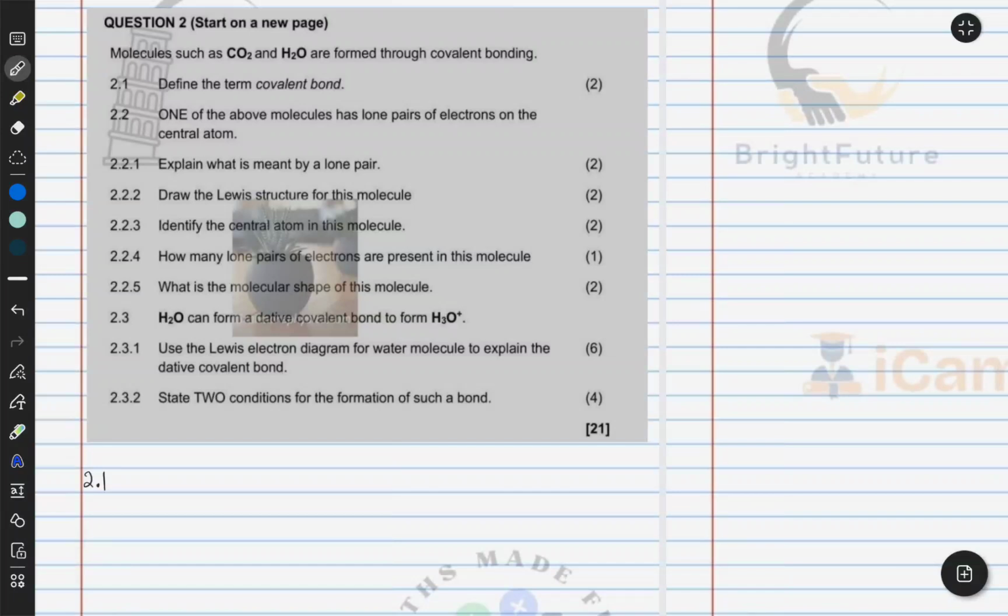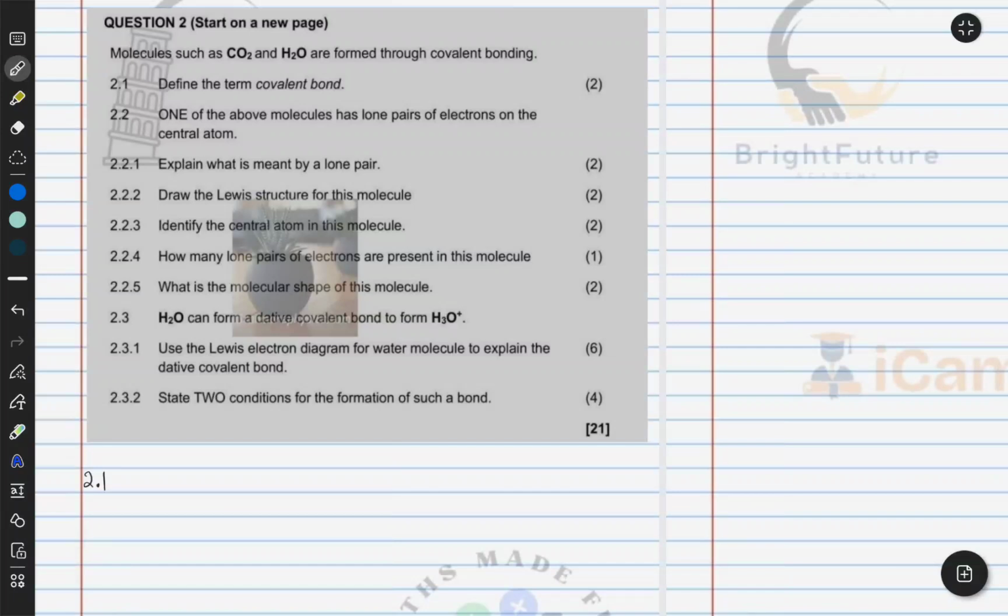Okay, so for a covalent bond, in simple terms, it's just a bond where there's a sharing of at least one pair of electrons between atoms. Okay, that's it, right? And that's why I said memorize.